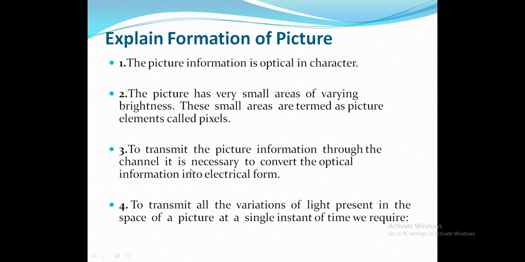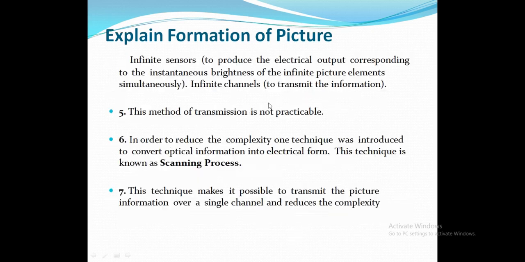So here, to transmit the picture information through the channel, it is necessary to convert the optical information into electrical form. To transmit all the variations of light present in the space of a picture at a single instant of time, we require infinite sensors.